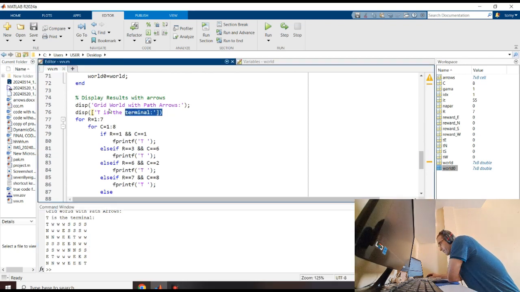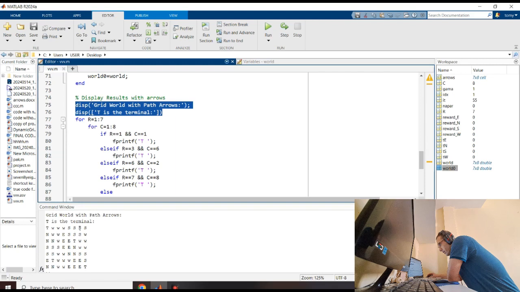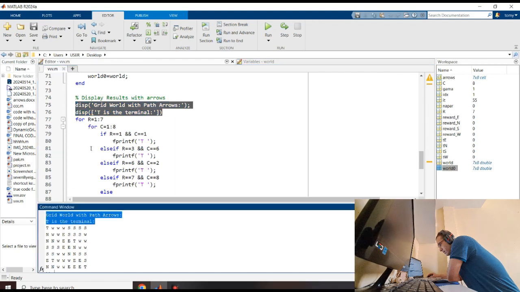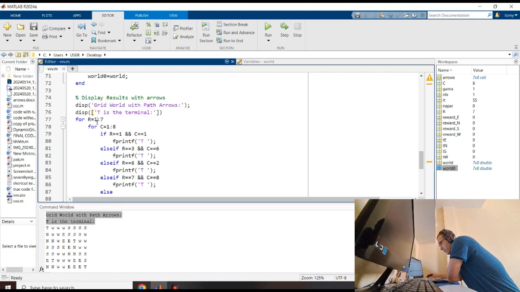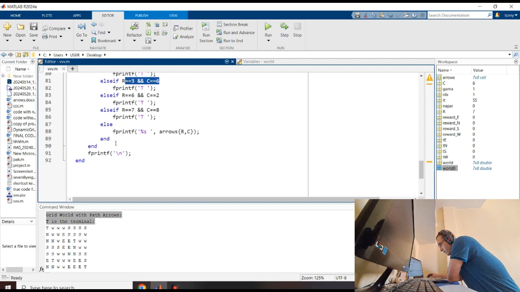Play these two explanations here. For rows from 1 to 7 and for columns from 1 to 8, if row 1 column 1, print integer of T, and do this for the rest of the codes.